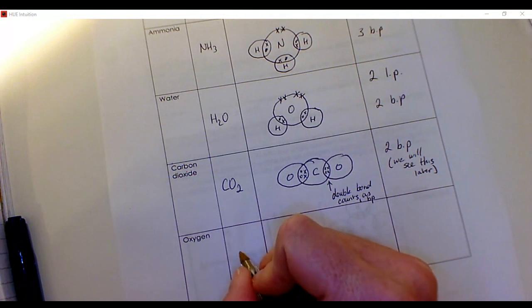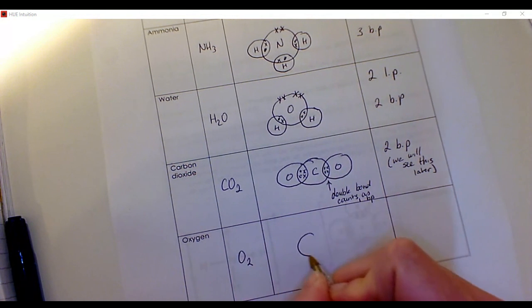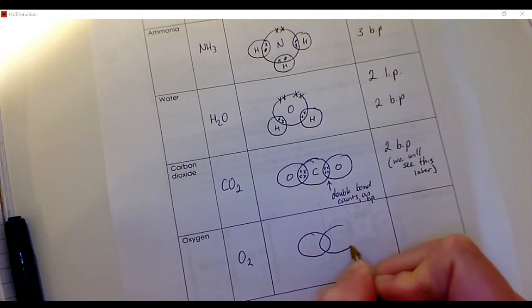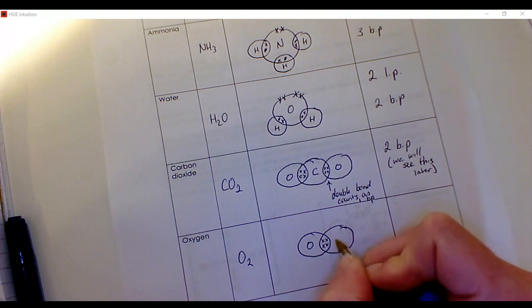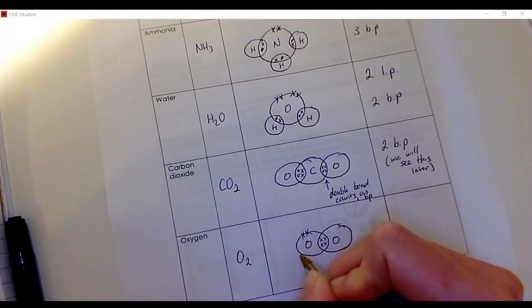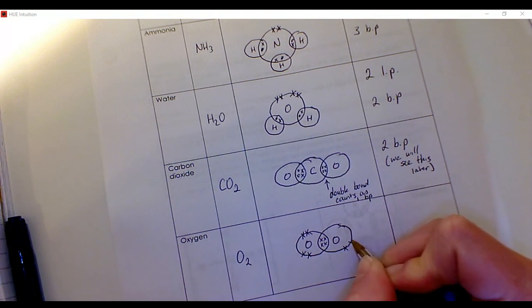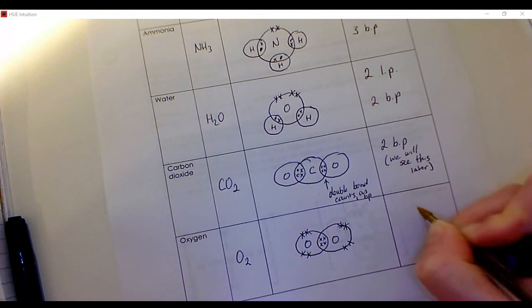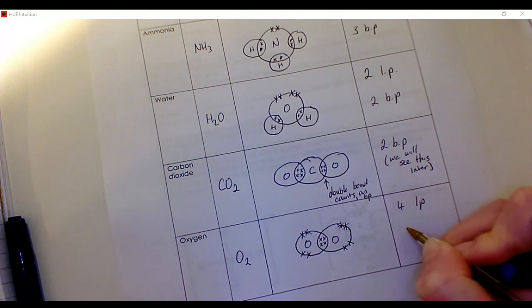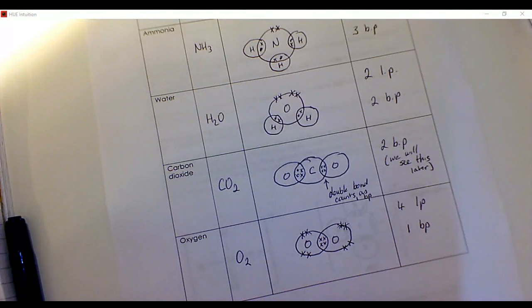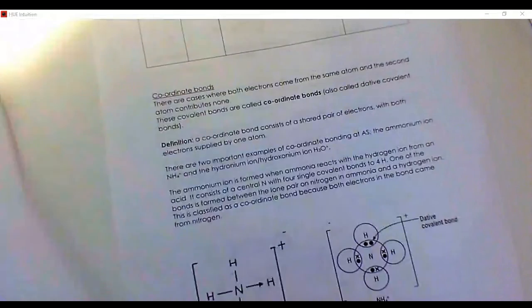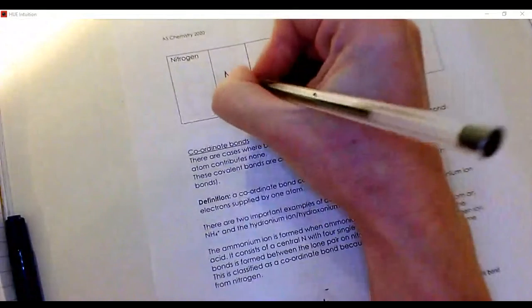Oxygen, O2. There's a double bond between them, and lone pairs. In this instance, you've got 4 lone pairs and 1 bonding pair, because it's just 1 connection. And lastly, nitrogen is N2.